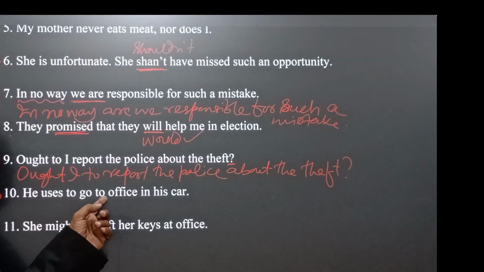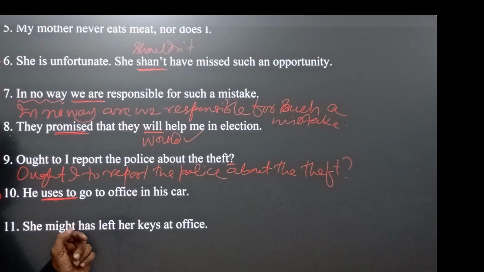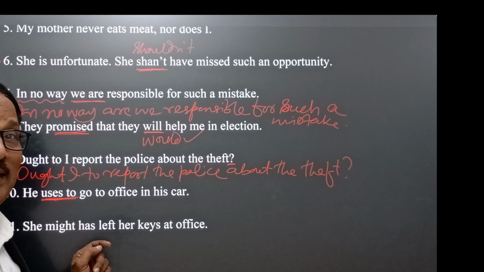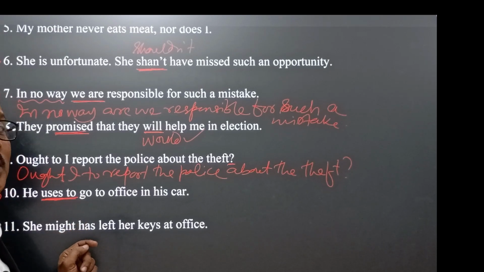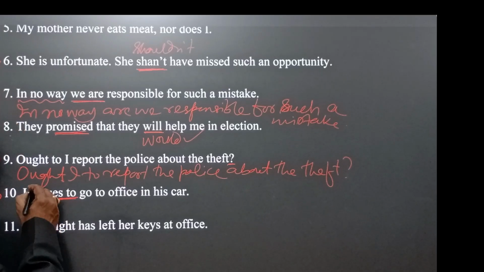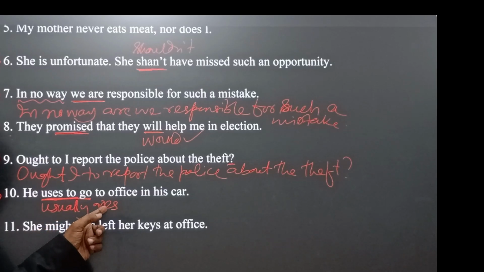He uses to go to office in his car. The error is uses to, because used to is not used in present tense to express present habit. In this case, we have to use usually. Therefore the correct answer is he usually goes to office in his car.